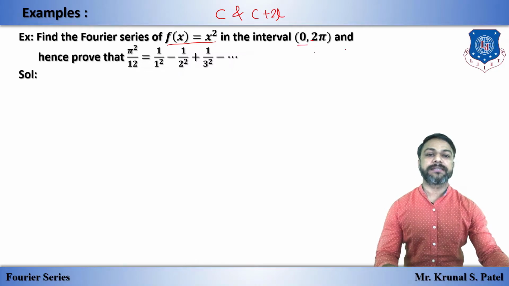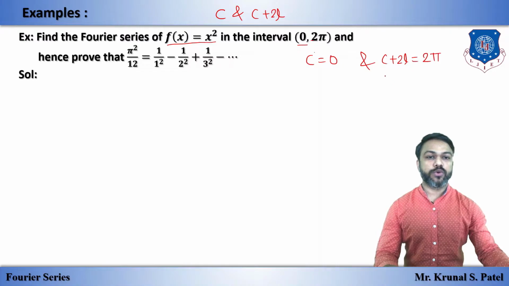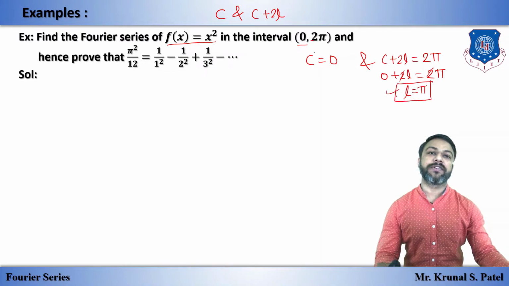So c is 0, and c plus 2l is equal to 2 pi. So 0 plus 2l is equal to 2 pi. Cancelling the 2, we have L equal to pi.